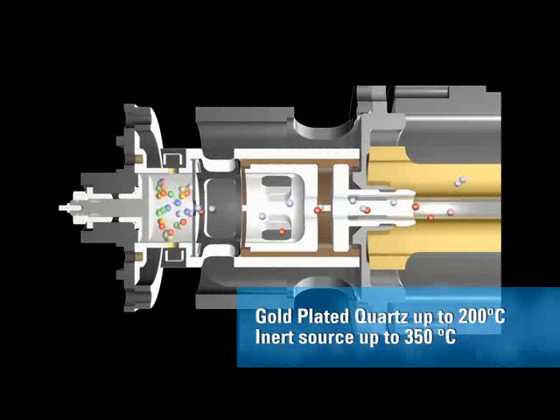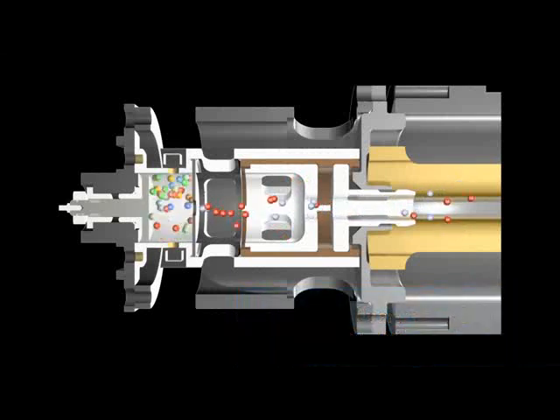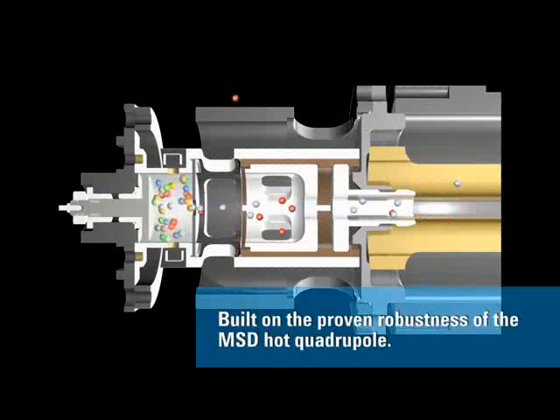These include an inert source operating at up to 350 degrees Celsius and a quartz quadrupole operating at up to 200 degrees Celsius. With 35 years of MS experience, Agilent built the 7000 around the unique hot quartz analyzer of the MSD, not the cooler metal quadrupole rods used for LC-MS-MS.